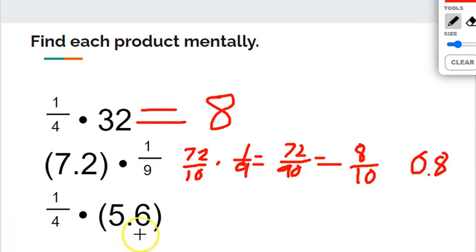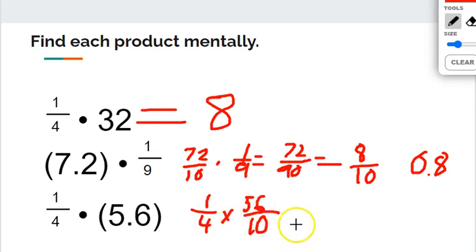What about this one? 1/4 times 5 6/10. Again, 56 tenths, because it'd be 5 6/10, but you make it into an improper fraction, makes it a little simpler to solve out. 4 will go into 56, let's see, 14 times.